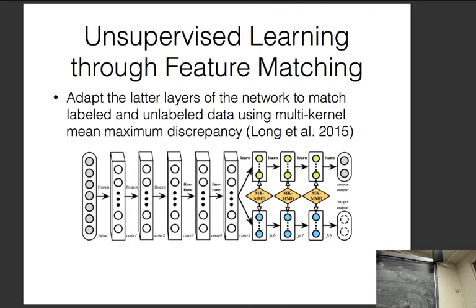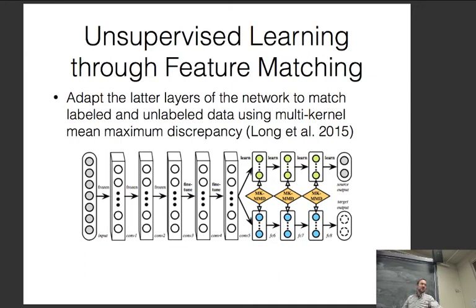Then you have a few layers at the end where you run your images from your labeled training domain, and then you run your images from your unlabeled target domain, and you try to ensure that the distributions of the features match. And this is using a method called multi-kernel maximum mean discrepancy. It's a kernelized training method that tries to minimize the discrepancy between the representations learned.